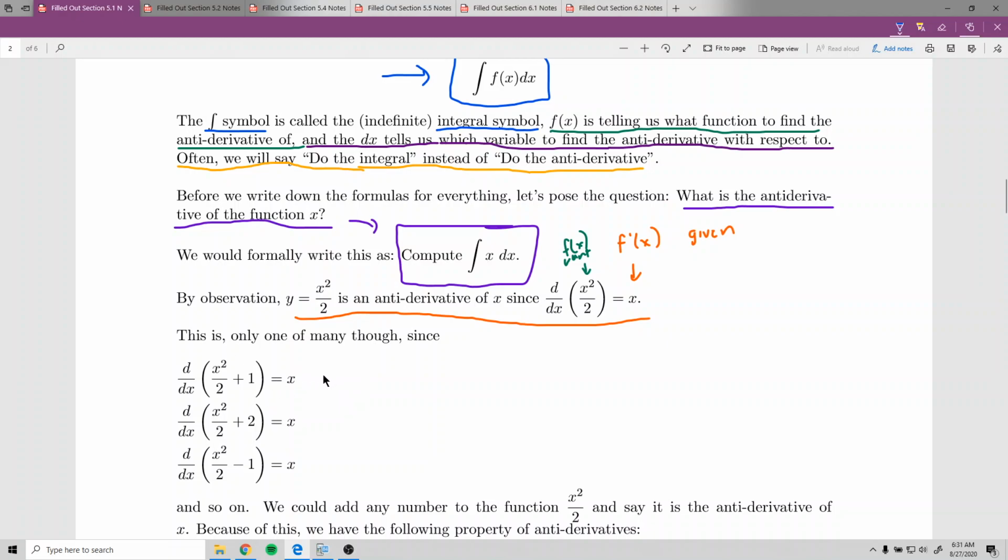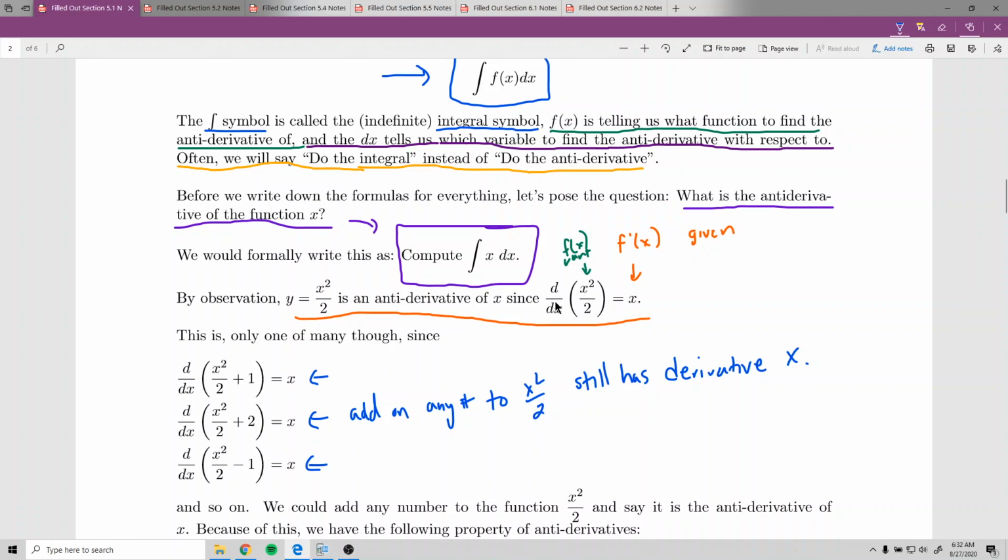So if we add on any number to our antiderivative, x squared over 2, and of course adding on negative numbers, so subtracting, works just fine, it still has derivative x.